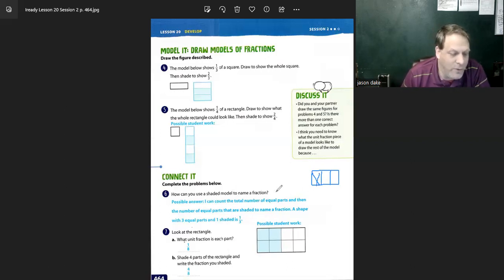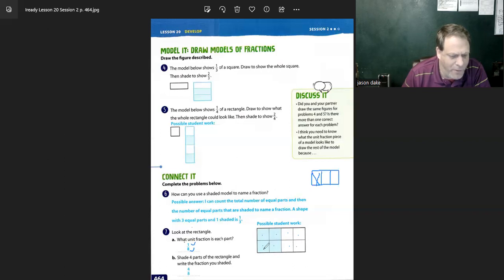All right, number 7. Look at the rectangle. What unit fraction is each part? Well, for A, we're looking at 1, 2, 3, 4, 5, 6, 7, 8. So 8 altogether. What unit fraction is each part?